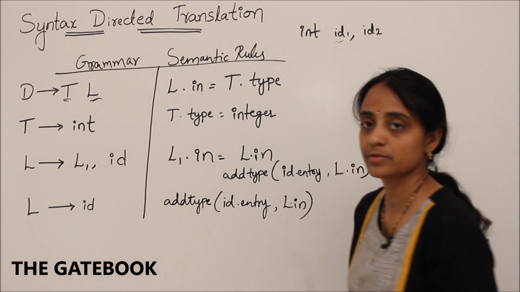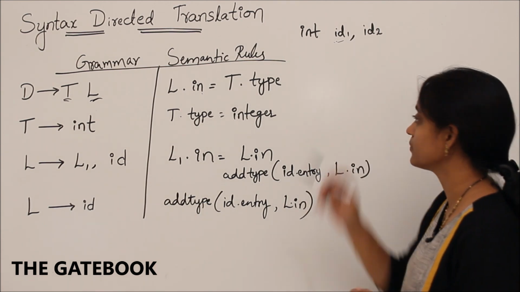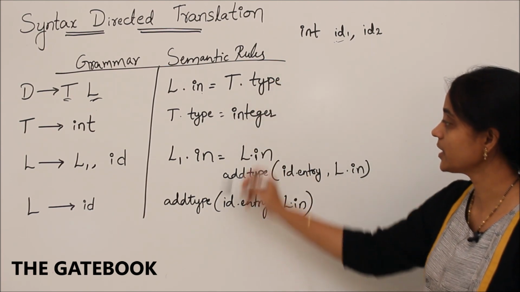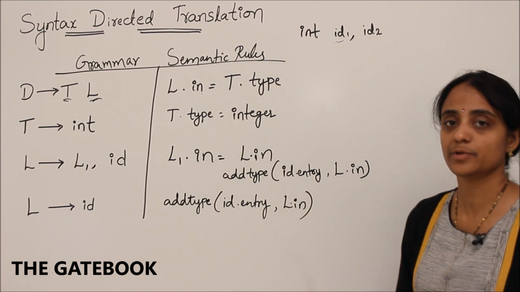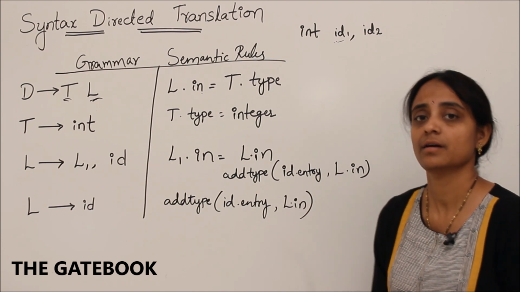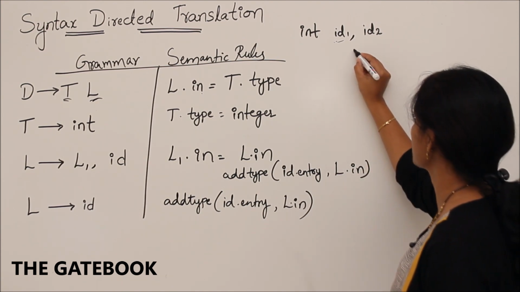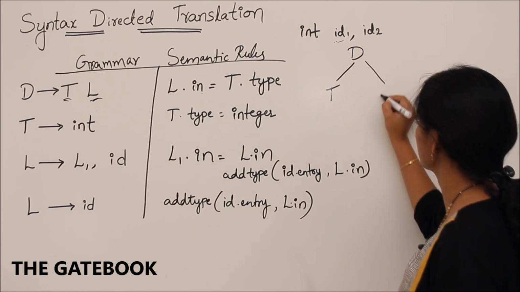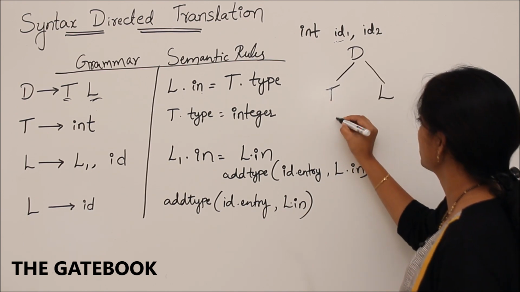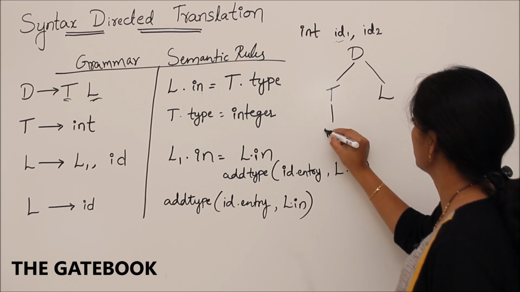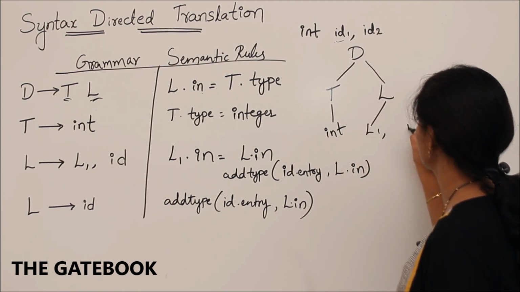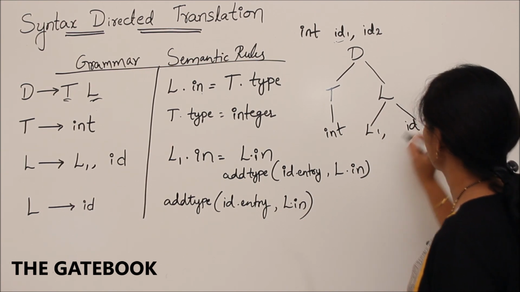So whenever we have this kind of statement, the type for this will be nothing but this one. Now let us see how we write the parse tree for this and how we compute these attributes using these semantic rules. So let's start with D first. D derives T L. T is integer, L is L1 comma ID.